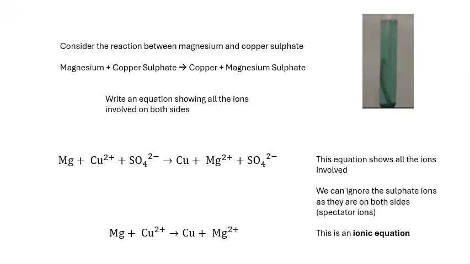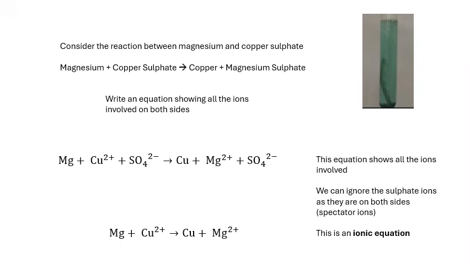So Mg plus Cu2+ SO4 2-, that's the sulfate. Remember the polyatomic ions that you need to know and their charges, okay? And that goes to copper and Mg2+ and SO4 2-. This equation shows all of the ions involved.